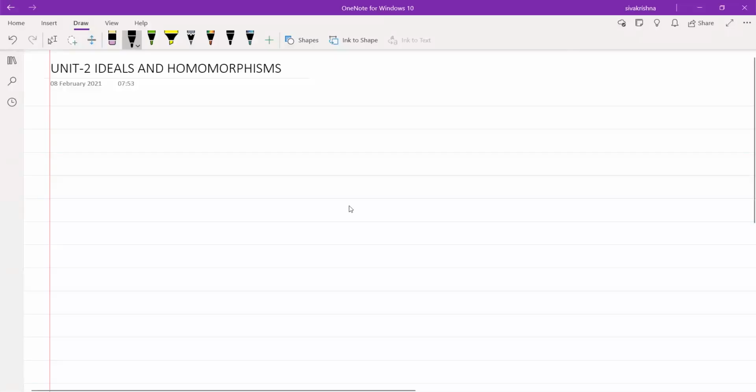So unit 2, that is ideals and homomorphisms. So coming to the first definition, that is right ideal.